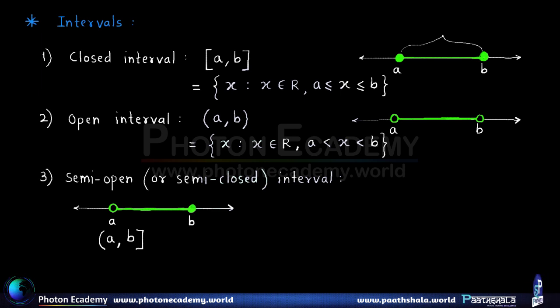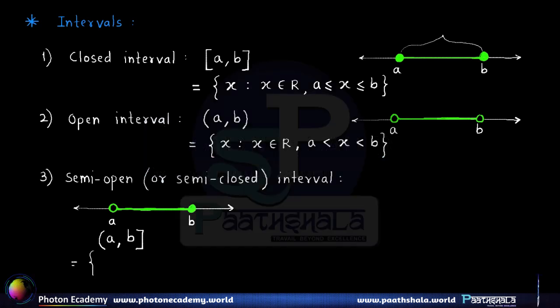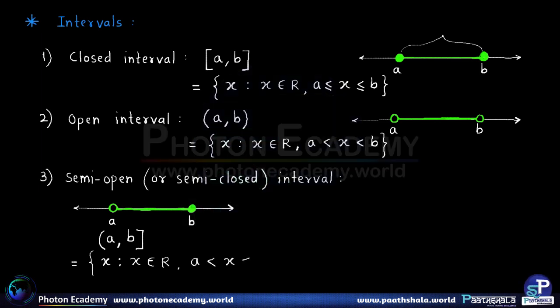It's a set of all numbers between a and b. In set builder notation, it's a set of all such x where x is a real number such that a is less than x but x is less than or equal to b. Correct? That's the way to indicate this.